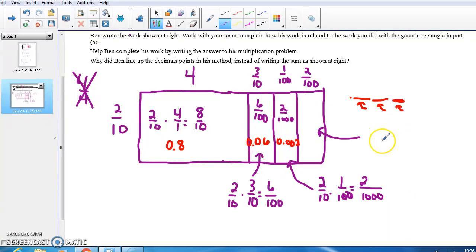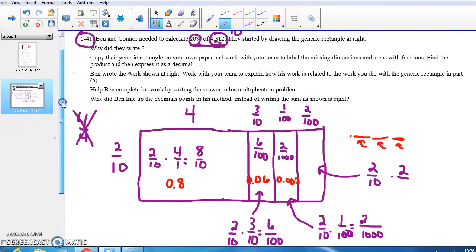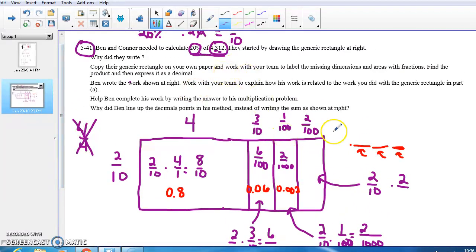We're getting there. Now we have to find the area of this right here. I'm going to put my work right here. Again, we have 2/10, because that's the height of this rectangle. And now the base, we know, is 2 thousandths. I screwed up here, I notice. I don't know if I said it right or not, but this is in the thousandths place, so I should have another place value.